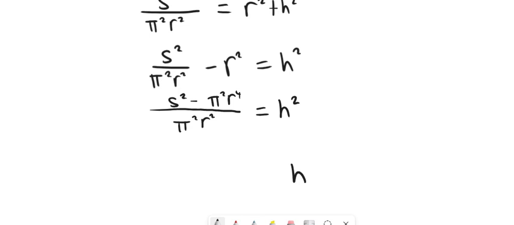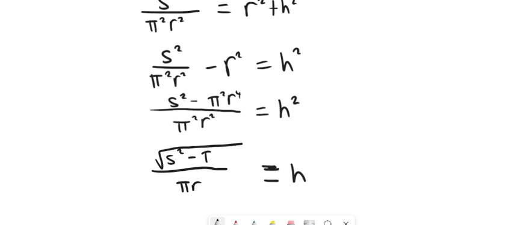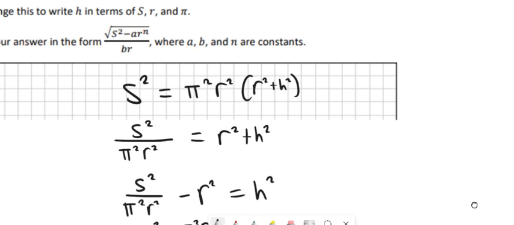So h is equal to the square root of the bottom, which would just be pi r, and the square root of the top would be the square root of s squared minus pi squared r to the 4. And that should, I think, look like that.